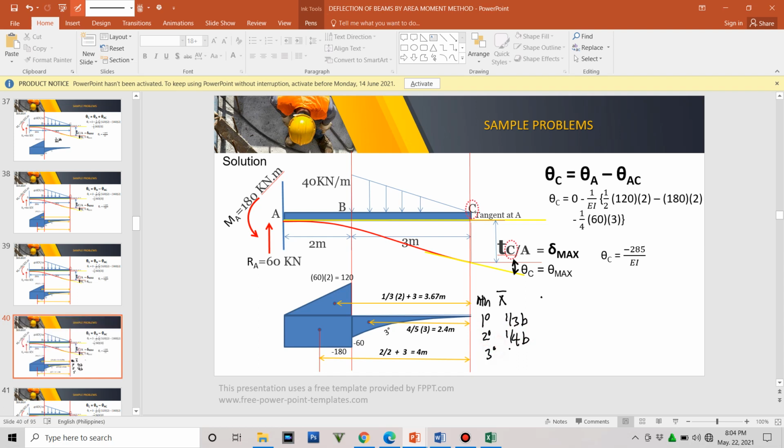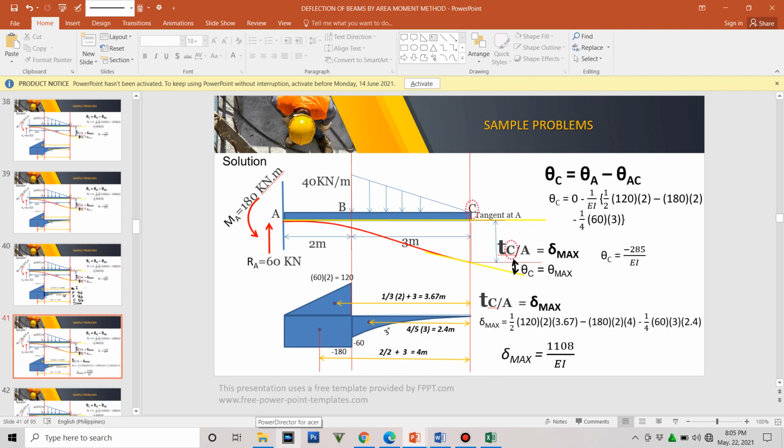For third degree, that is 1/5 of the base. So, in this case, we are in the third degree. This 1/5 of the base is measured from the head. This is the head, this is the tail. So, this is its x-bar. That is why what remains on the other side is 4/5. That is why this is 4/5 of 3 and that is equal to 2.4. Okay?